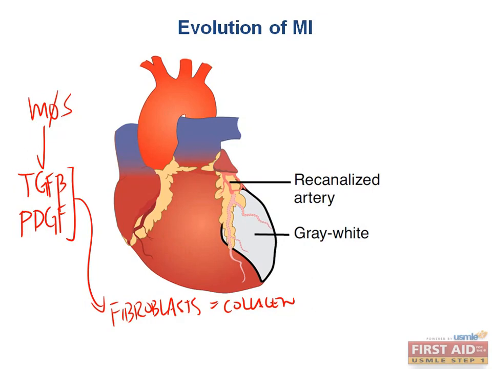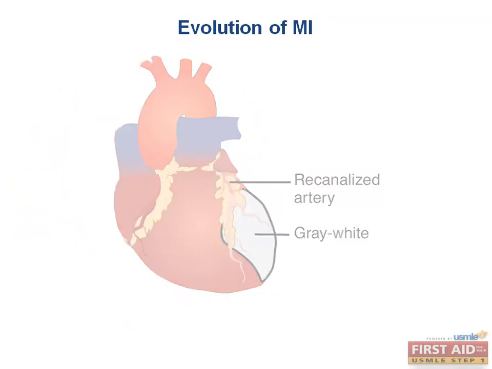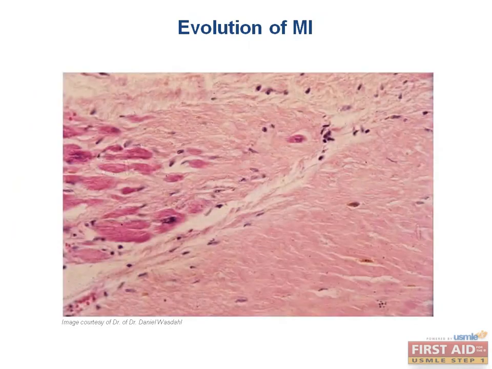It appears grayish-white on gross examination, but under the microscope you can see a different type of coloration. Obviously, under hematoxylin and eosin stain, collagen likes to stain pink. This is an old scar months to years after a myocardial infarction. It shows us a large area after the infarction at around 1 month.